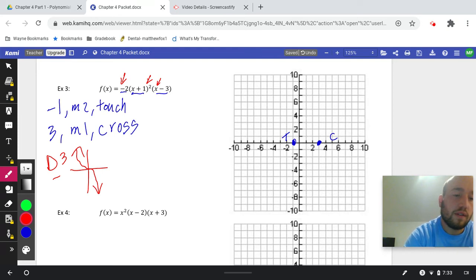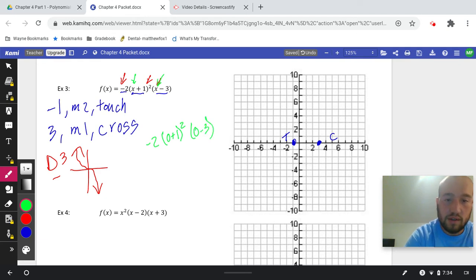Okay, so now the third step. We need to identify what the y-intercept is. In our case here, we don't know what it is because 0 is not one of our options there. So we need to plug in. If I plug in a 0 right here and right here, where I put those green arrows, that'll tell us. So -2, 0 plus 1 squared, and then 0 minus 3.